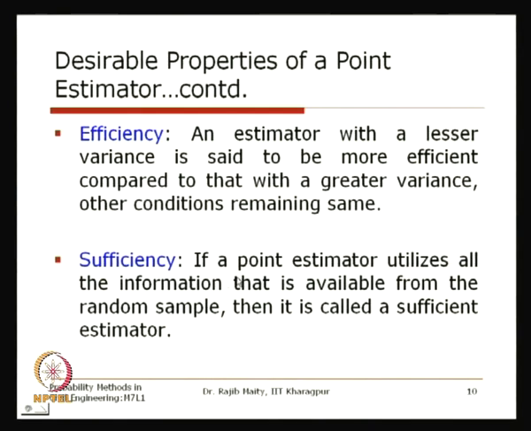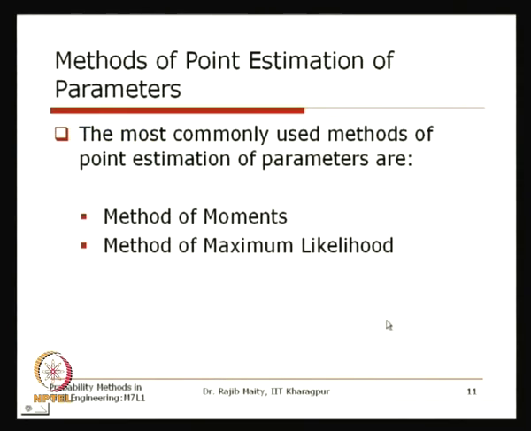And sufficiency: if a point estimator utilizes all the information that is available from the random sample, then it is called a sufficient estimator. Now we will discuss this through two commonly used methods of point estimation, which apply to known distributions and can easily be handled through hand calculation problems that we will see.